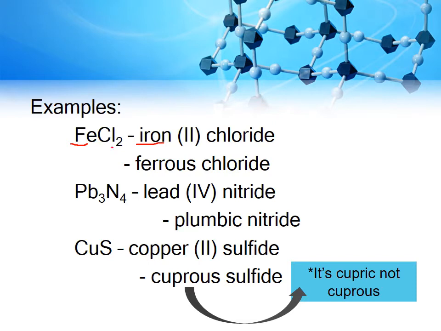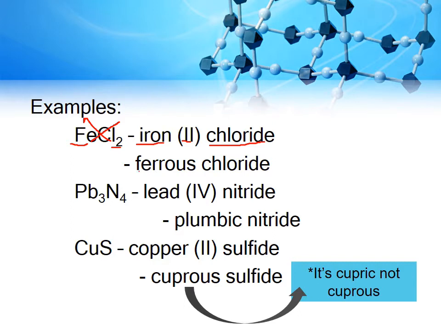So therefore, the 2 subscript of chlorine here came from iron, and the 1 here of iron came from chlorine. So the oxidation number used by iron here is 2, followed by the name of the nonmetal that ends in IDE, which is chloride. Therefore, the name of this compound is iron(II) chloride.